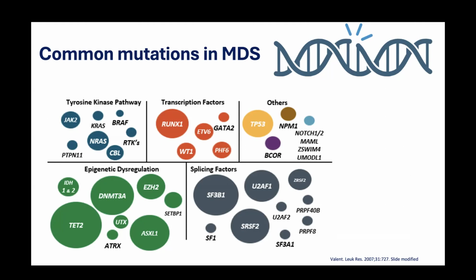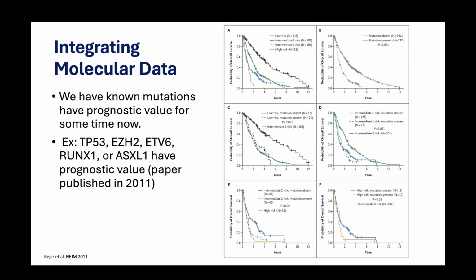So these are the key general categories. Then in the others, there are genes that are important for the DNA damage repair pathway, some genes important for progression, or development overall. So there are many different little classes there, but these are your key areas of abnormalities that have been identified in MDS. And we've known for a really long time now.